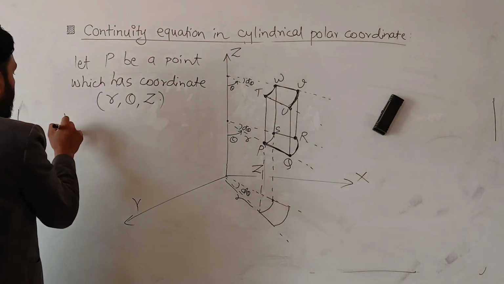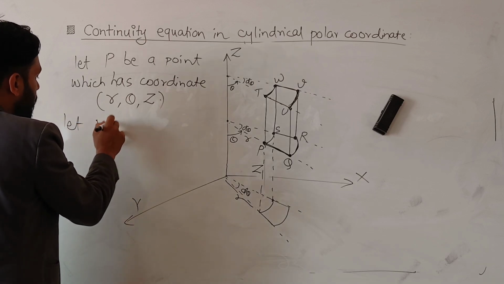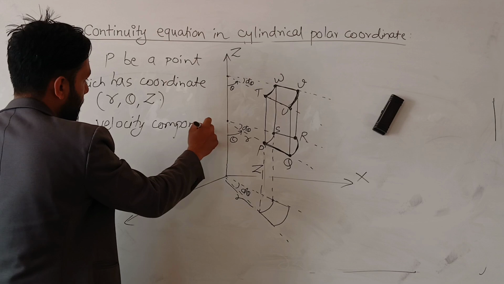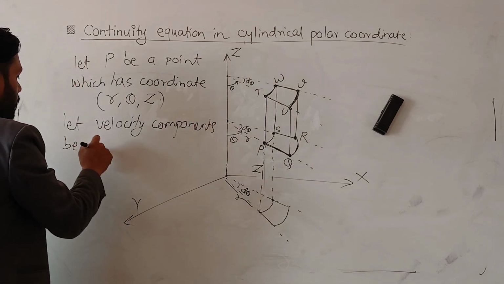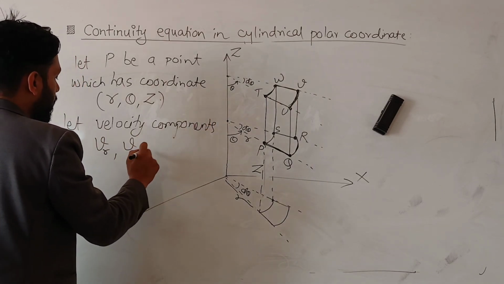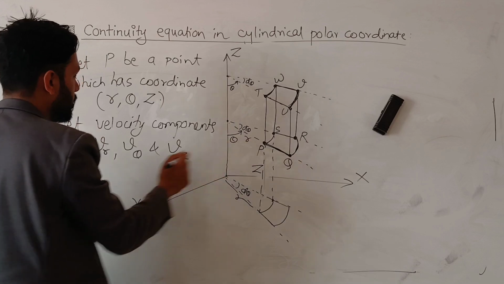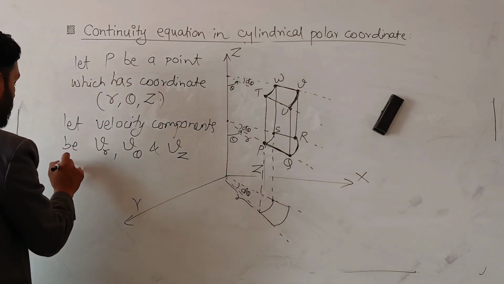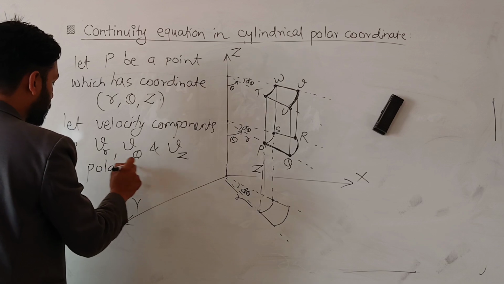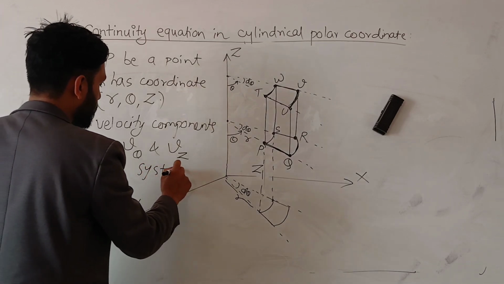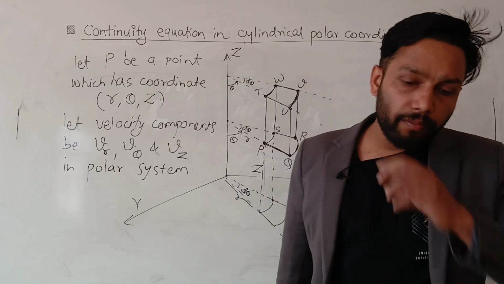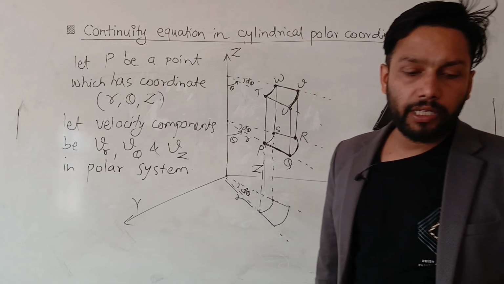Now let the velocity components be Vr, V theta, and Vz in this polar coordinate system. So Vr, V theta, and Vz are the velocity components in polar coordinate system.